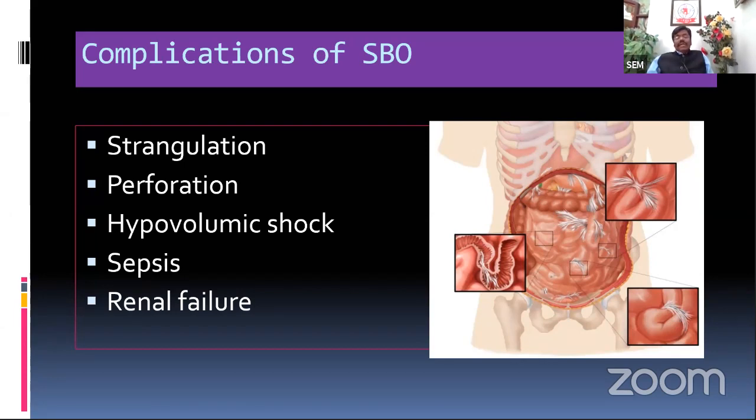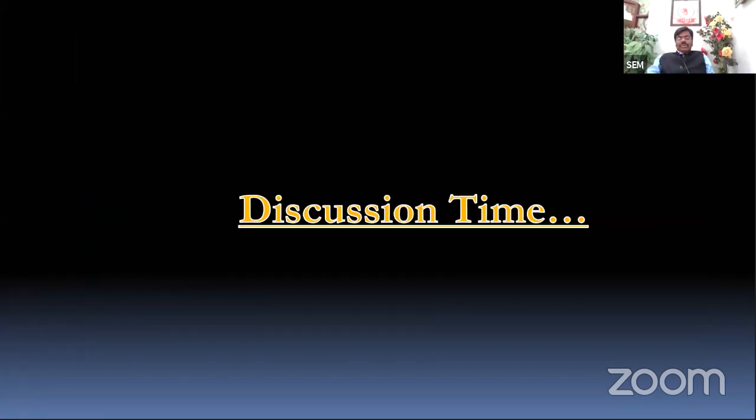So that's why this has to be understood and treated like a myocardial infarction. You give it that much importance, because it is an eminently treatable condition. So let's go for the discussion now.